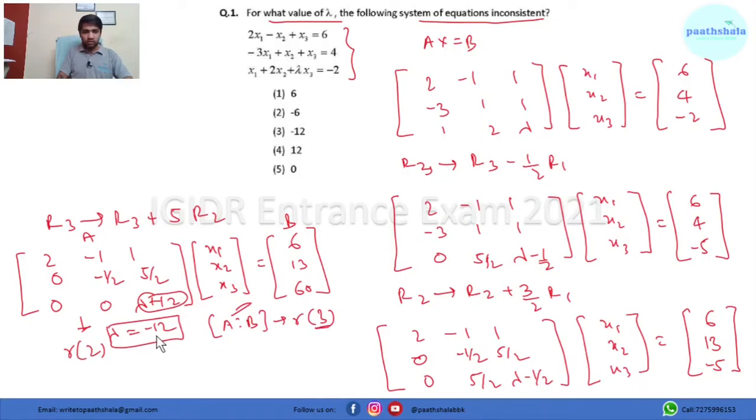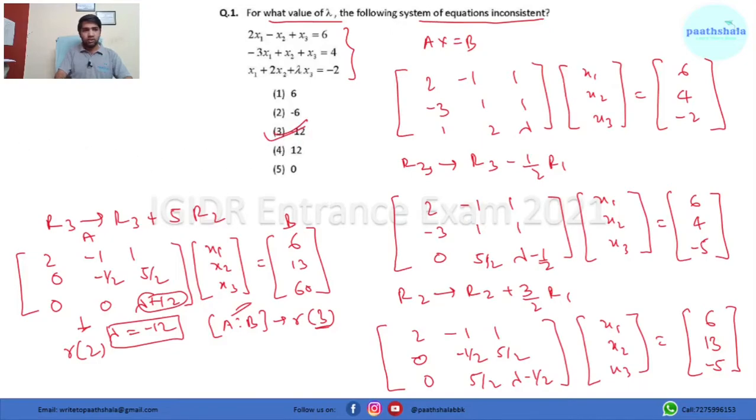If I take lambda equal to -2, the number of non-zero rows is 2, so that rank is 2. Here you can see that the ranks are not equal, so we will not get any solution. So the system will be inconsistent when the value of lambda is -12.